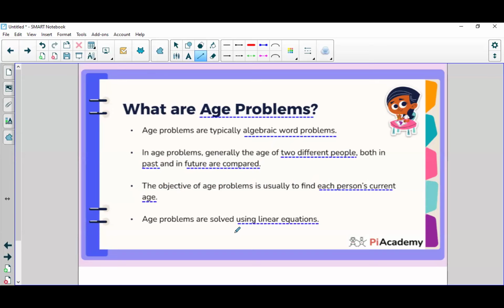Everything we do in algebra-dependent problems, we will solve using linear equations only, whether it's age problems, coin problems, or simply solving simultaneous equations. So an age problem is a kind of simultaneous equation. But here the question is given as a word problem, and we have to make the equation, and after that we solve just like we did the previous question.